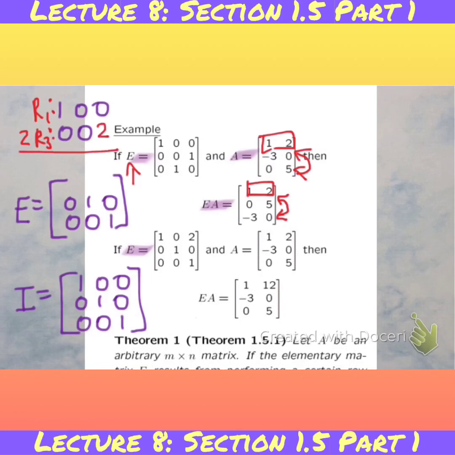And then I'm going to add those 2 rows. And what I am essentially going to get is 1, 0, 2.